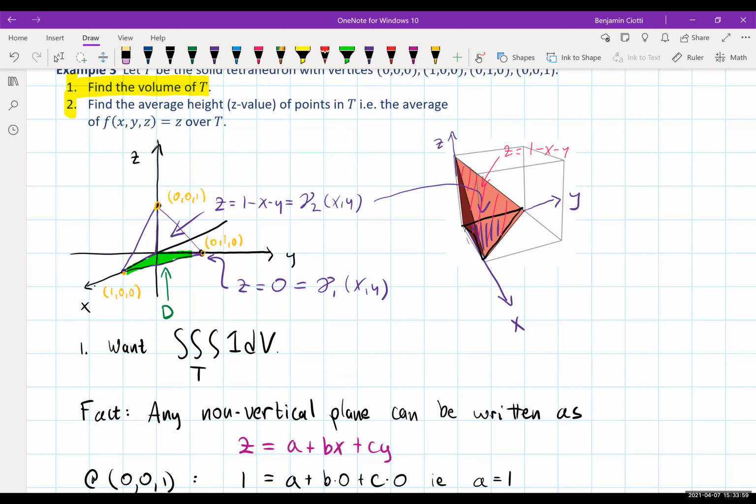Sometimes I'll ask a question, and in the question, I'll give some explanation as to what I'm asking. So here I asked for the average height, that is the average z value of points in T, not on the surface of one of the faces of T. Inside the volume T, right. Which I then clarified: what I'm asking you for is to find the average of this function.